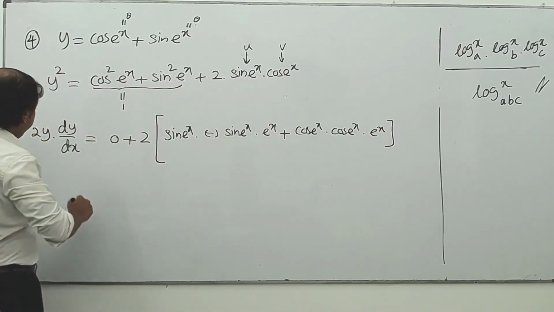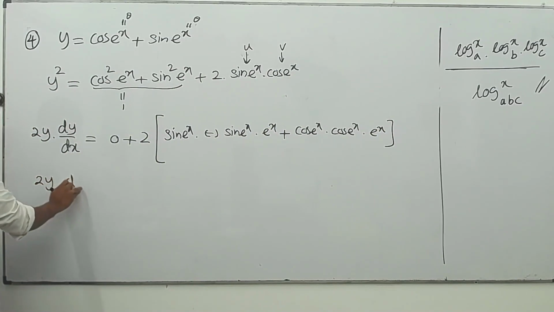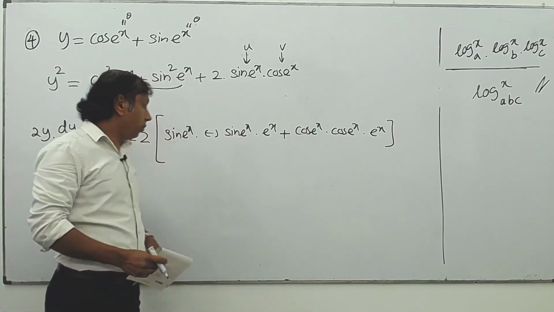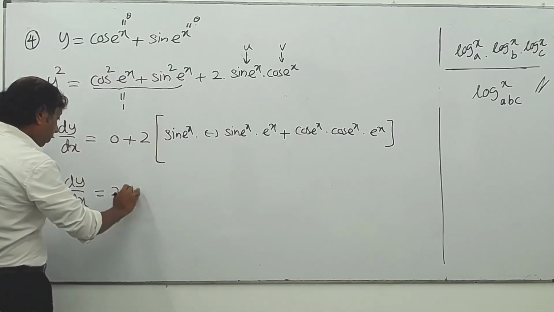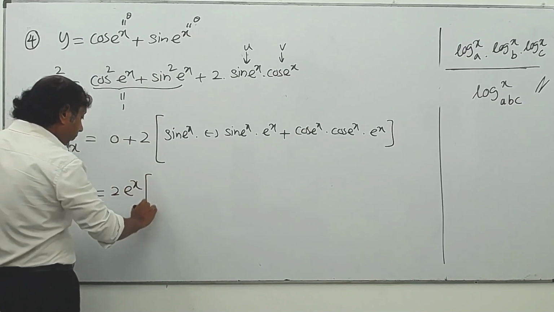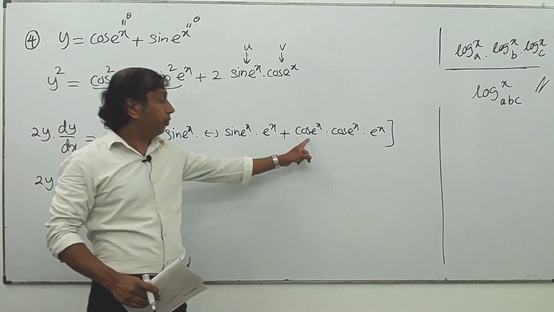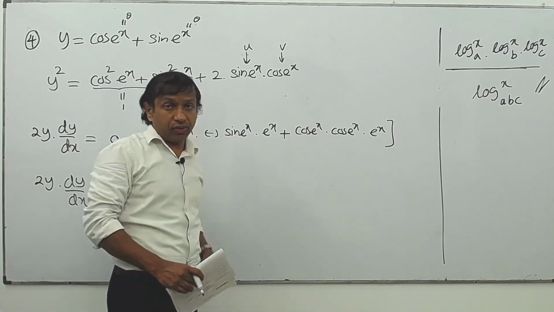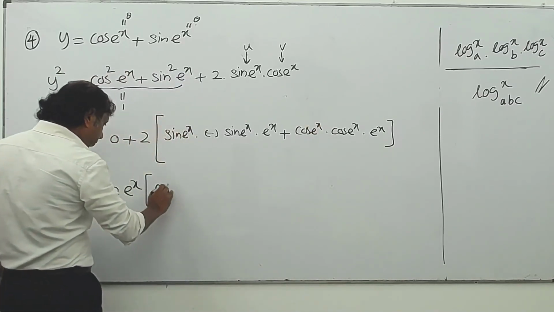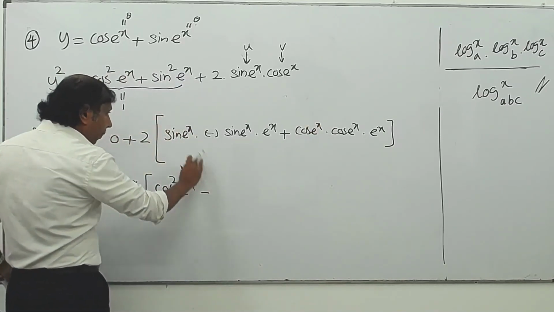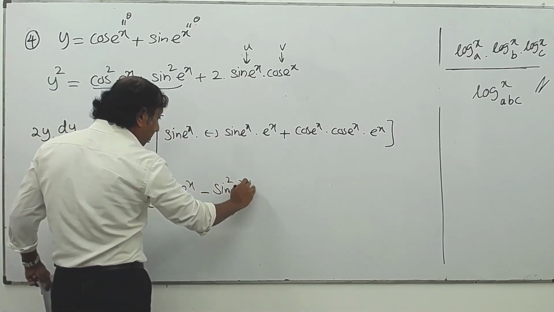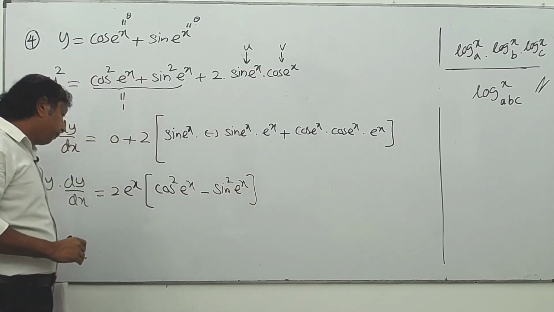Now we can take 2y times dy by dx. This x is common, take that out. Then 2x we have. Then here we have cos x times cos x, cos squared x, and sin x times sin x, sin squared x.